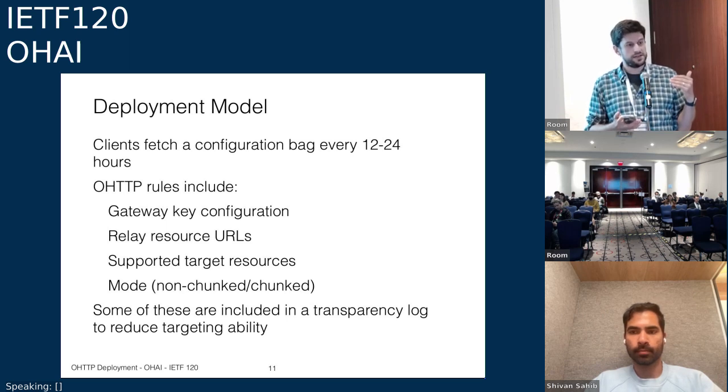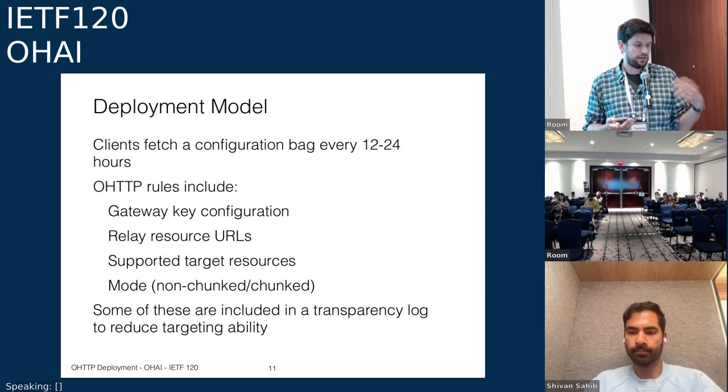As far as how we do the configuration and how we do that deployment, we have a configuration bag for all of the Oblivious HTTP servers that we know about and their associated relays, and we fetch that every 12 to 24 hours to get updates there.